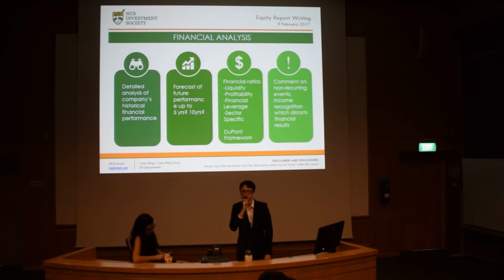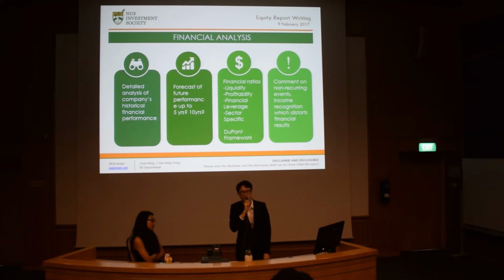Okay, so the next section is the financial analysis section. For this section, you'll use the financial analysis skills that you have honed from your accounting modules. You want to provide a detailed analysis of the company's historical financial performance and also do up a forecast of the future performance. For the forecasting, you can do up to 5 years or even 10 years, depending on the company that you are doing.